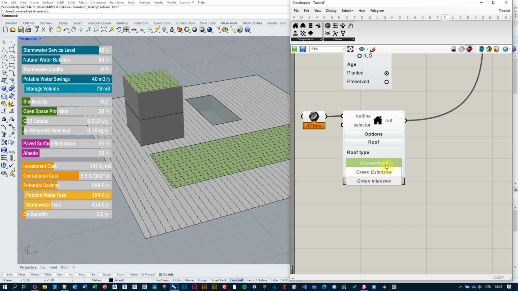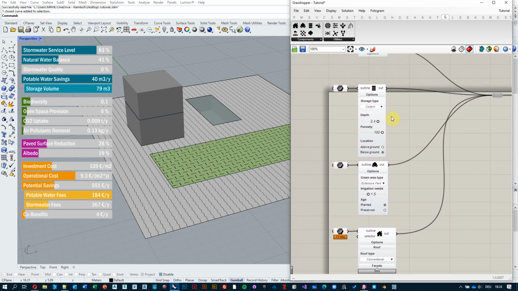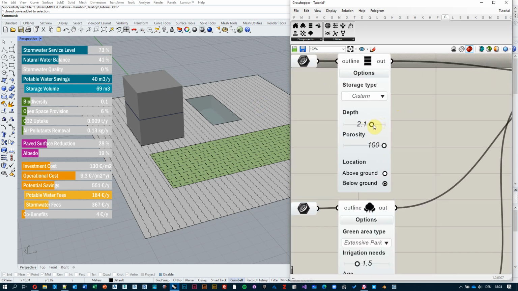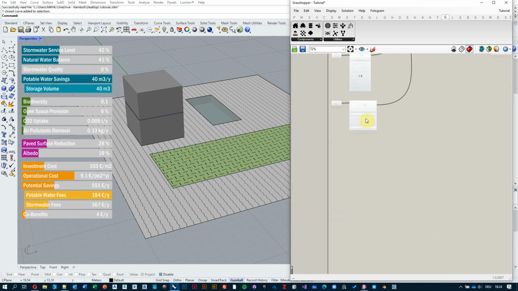So if we were to change this to a conventional rooftop, we could see that maybe we could decrease the storage volume over here, and actually by a substantial amount, right? So almost half it to 40 cubic meters, and then we're reaching the same level of 40 cubic meters per year of savings.